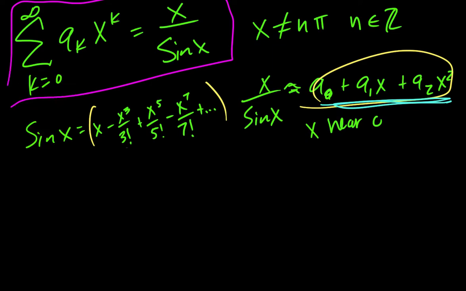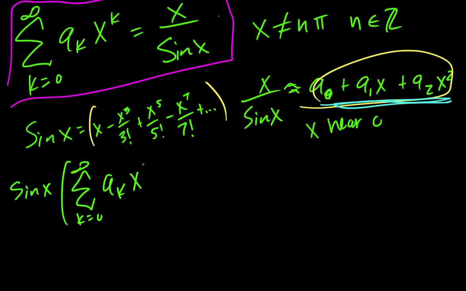So what we want to do first is look at this and multiply both sides by sine. We're going to end up with sine x times this thing, once again just equals x. Multiply both sides by sine to come up with this.